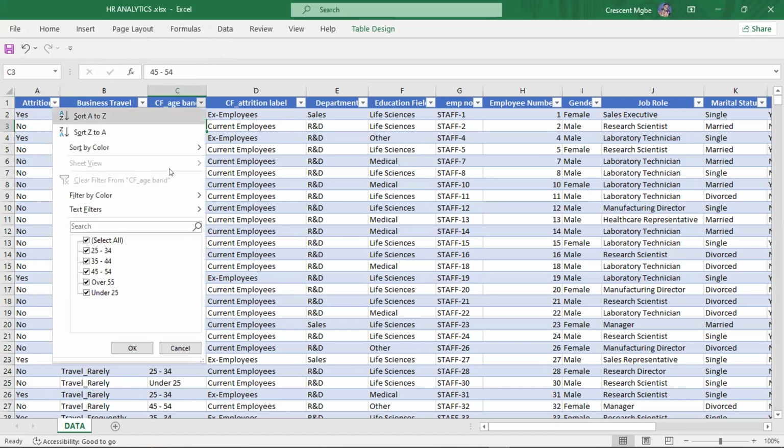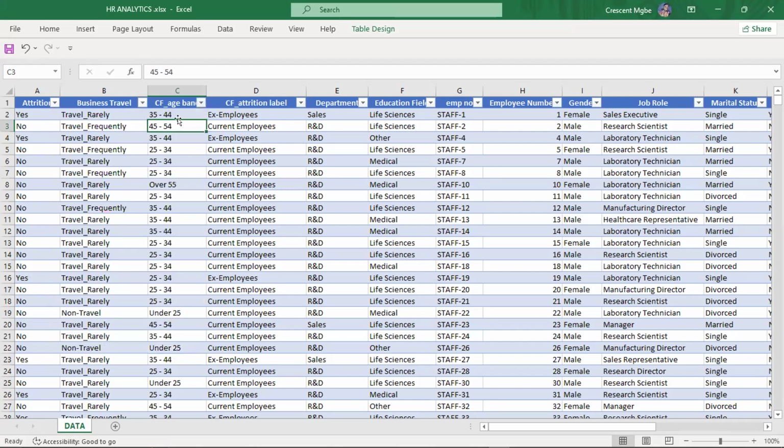If you look here, you see that they have 1, 2, 3, 4, 5 groups. Those that fall between 25 to 34, those that fall between 35 to 44, 45 to 54, those that are over 55, then those that are under 25. So each of these employees, according to their age, falls into one of these ranges. That's what this age band is talking about.